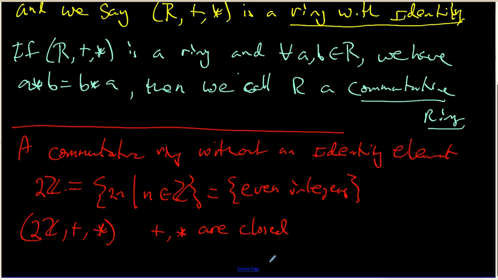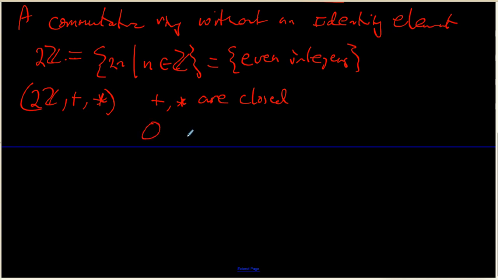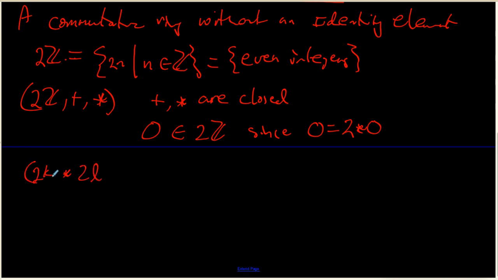because if I add two even integers, I get an even integer. If I multiply two even integers, I get an even integer. 0 is indeed even, since 0 is equal to 2 times itself. And we also know that 2k times 2l is the same thing as 2l times 2k.